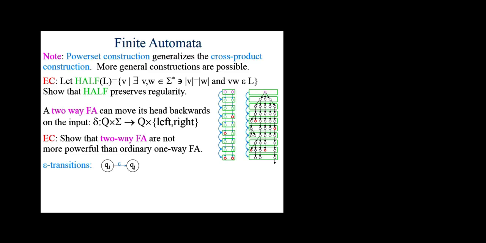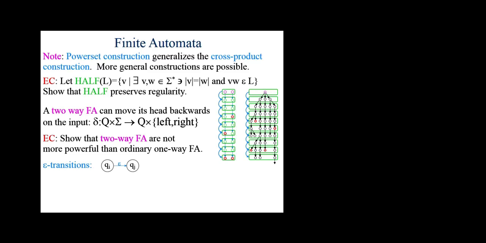It allows you a free jump somewhere without consuming an input character. So it's like, go directly there, do not pass go, do not collect $200, just jump there for free and don't consume an input character while you're doing it, and then continue your merry way down the computation path, or computation tree in the case of non-determinism.